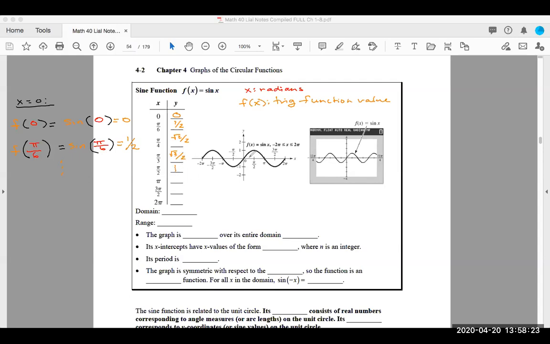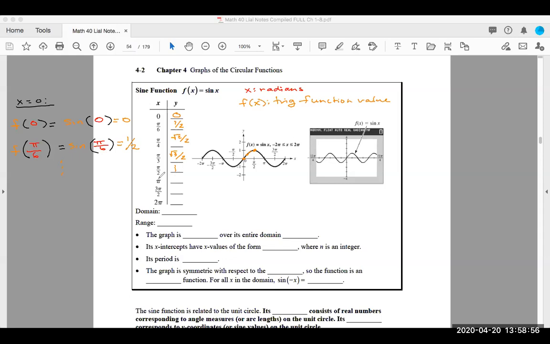Okay, so then if you look down here, kind of hard to see, sorry, but the points that you're looking at, there's 0, 0. Pi over 6 would be somewhere over here, and then you would have 1/2. Pi over 4 would be in the middle, that's root 2 over 2. Pi over 3, root 3 over 2. And then at pi over 2, we get 1. Right?